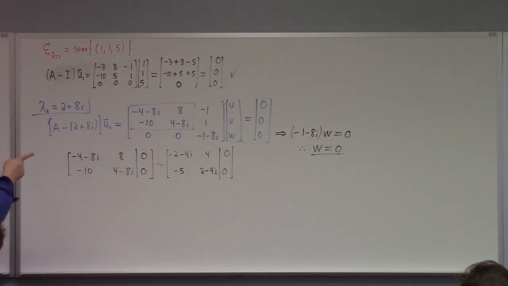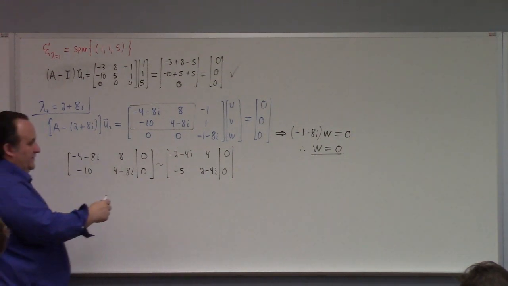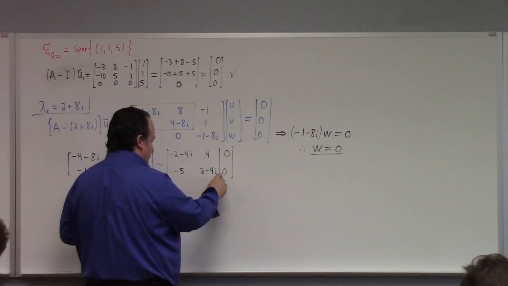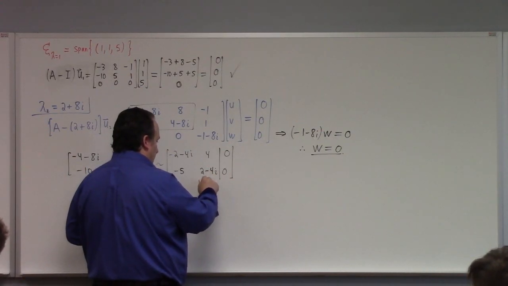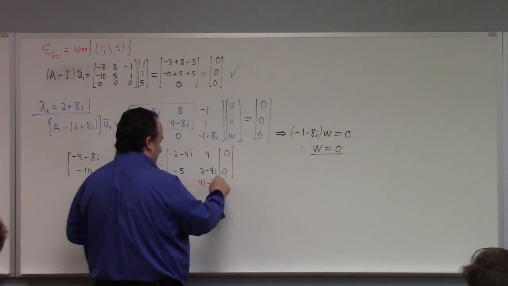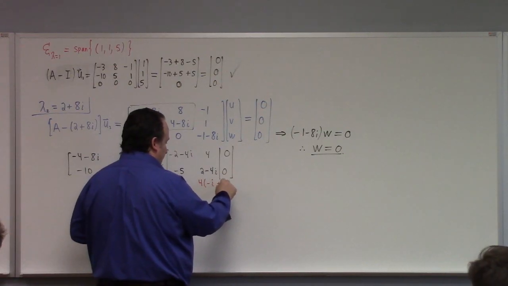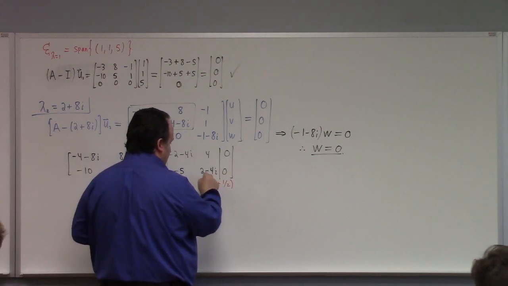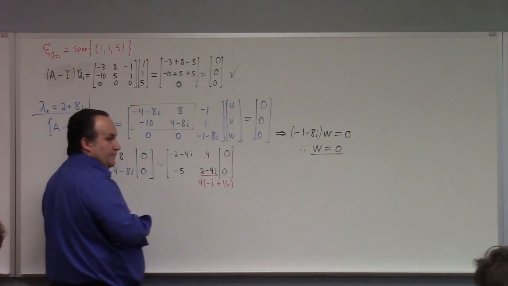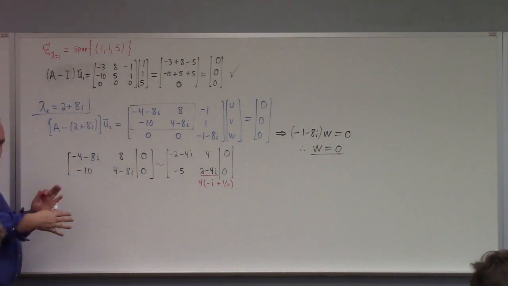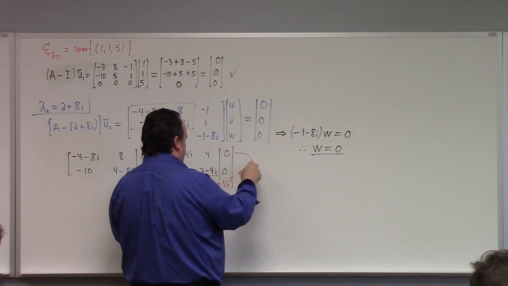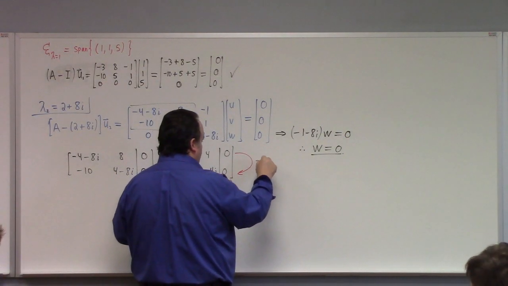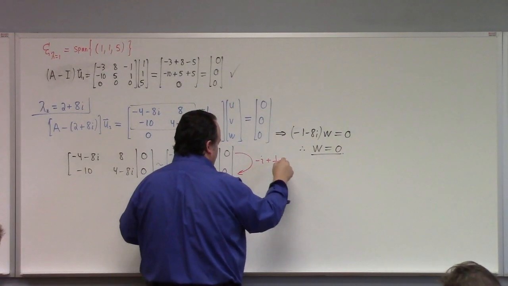So how do I get from, if we look at this one, this is like 4 times what? Minus I, plus 1/2. That's what this is. So in order to get from the top equation to the bottom equation, apparently I must multiply by minus I plus 1/2.